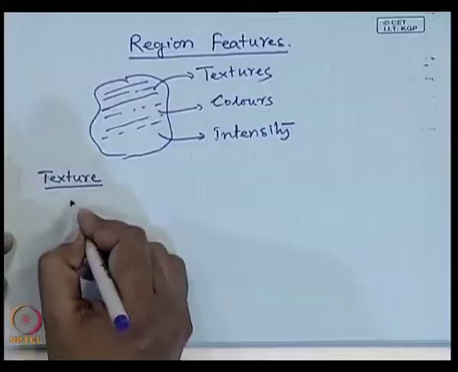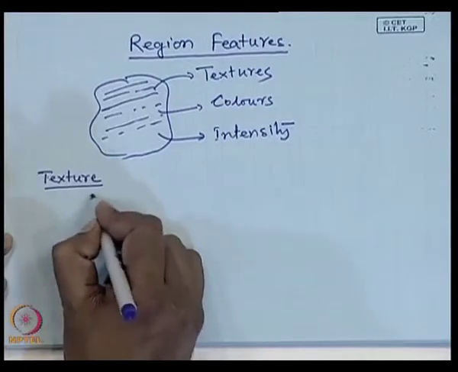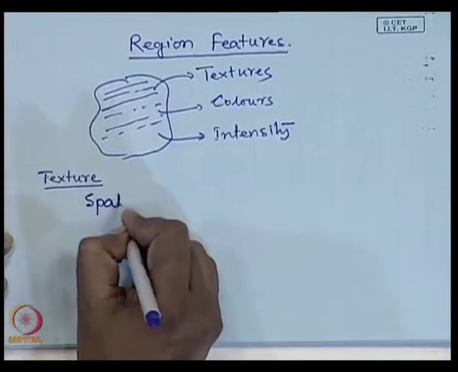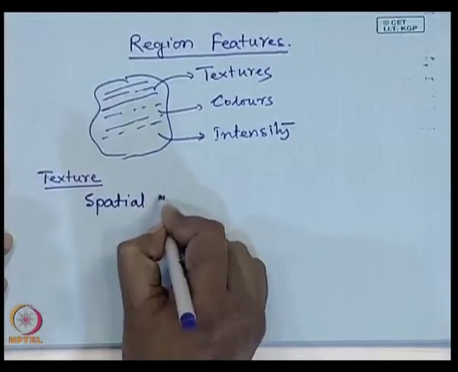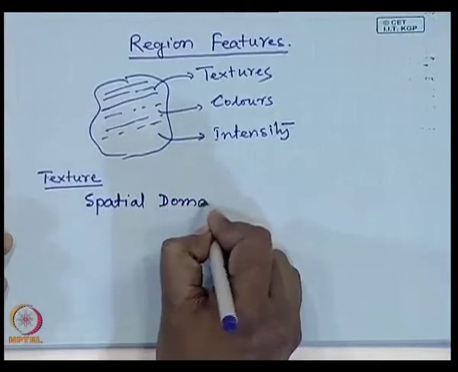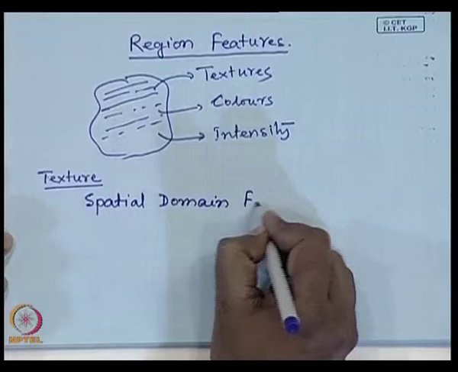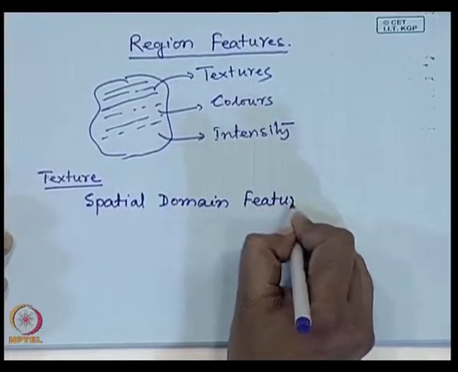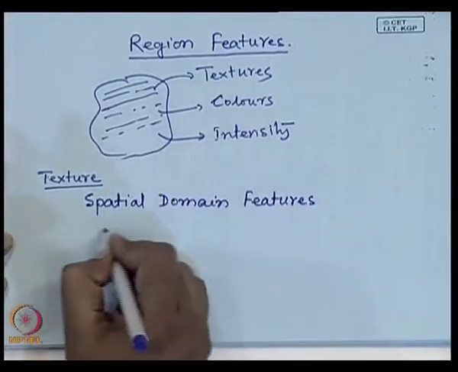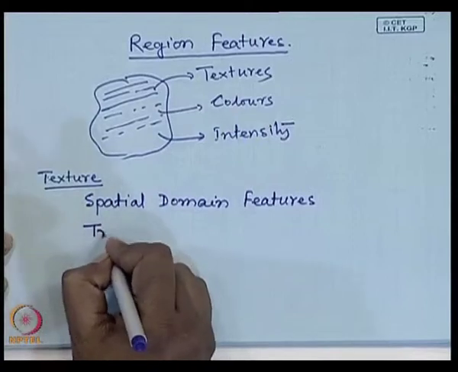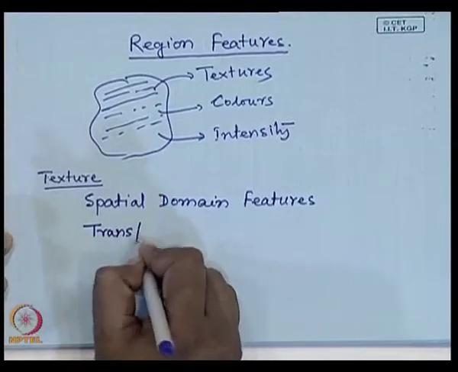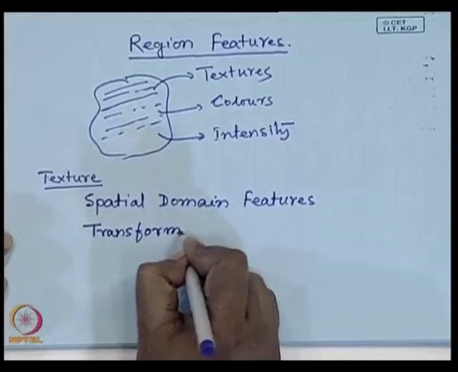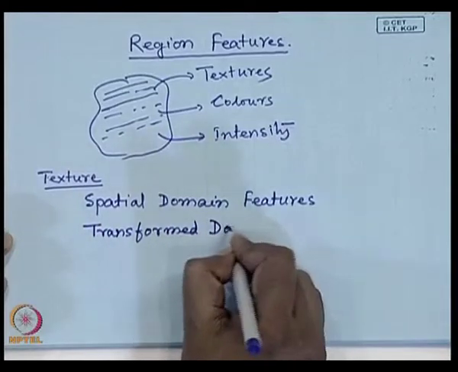So, I will have either spatial domain features, or transformed domain features.